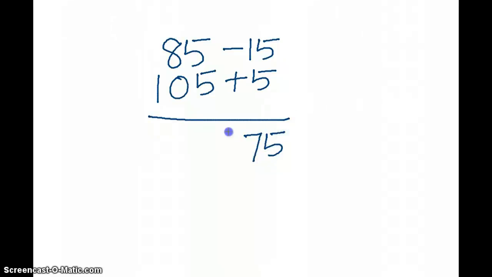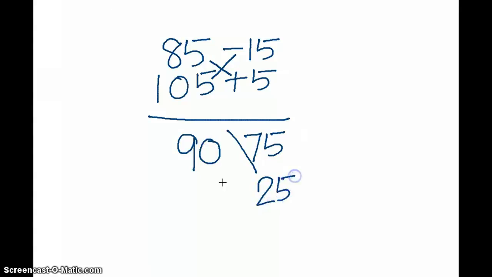Then the next step is to do either 85 plus 5 or 105 minus 15. Whatever we do, it comes as 90. The next step is to find how much less 75 is than 100, which is 25, and do a minus 1 from this side, which gives me 89.